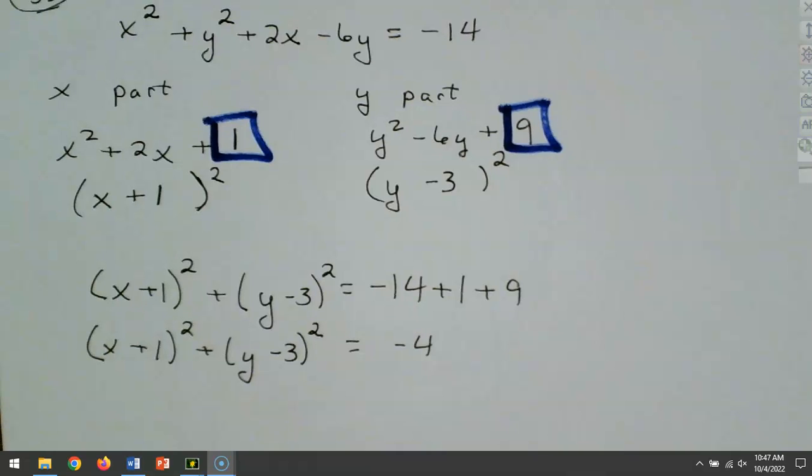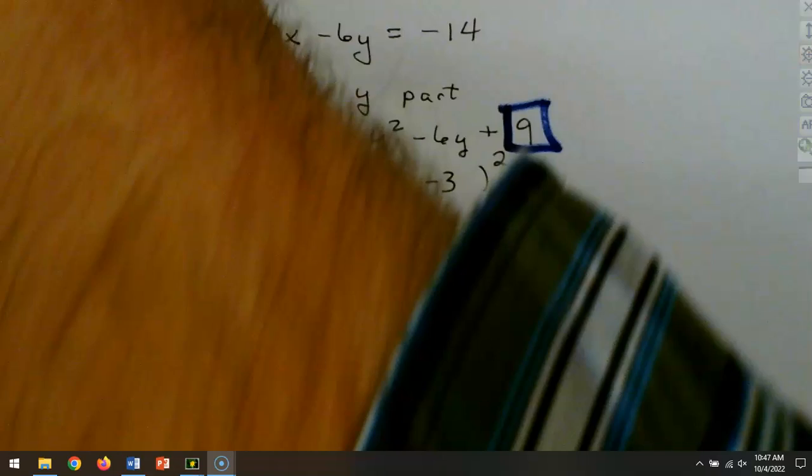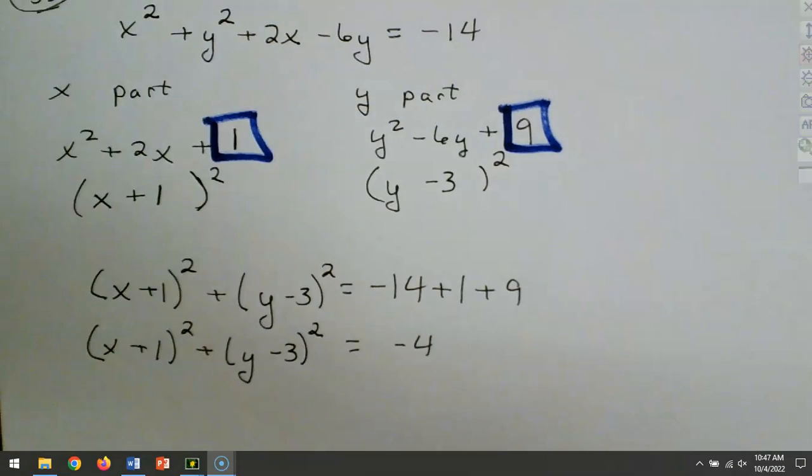Now, why is this one not going to be a circle? Does anyone know why? Anyone got any idea on why this would not be a circle? Well, what happens when I try to take the square root of that negative 4?